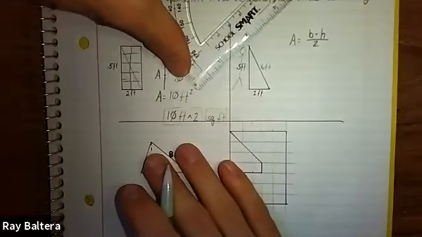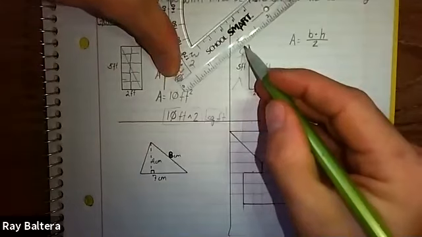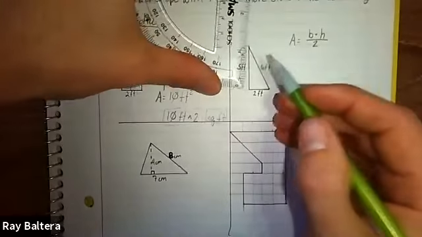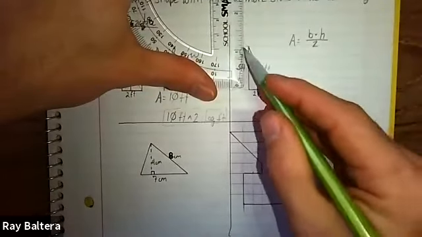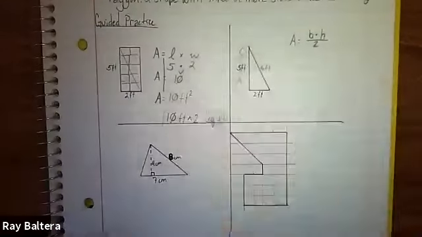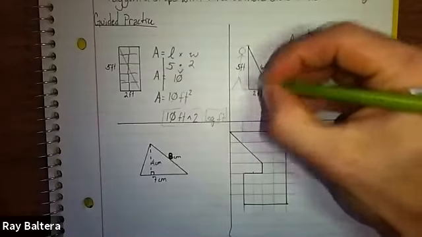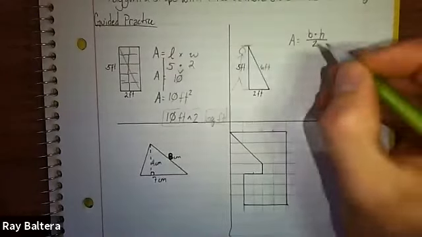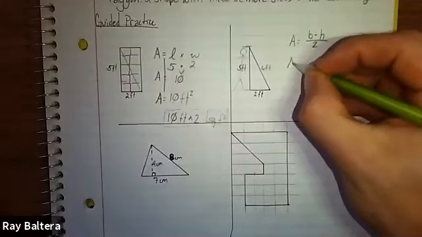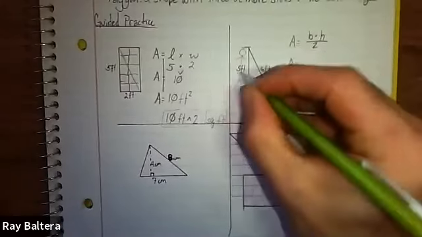Oh, this person is 2 inches tall. But if you go and measure like this, oh, this person is actually just 1 inch tall.